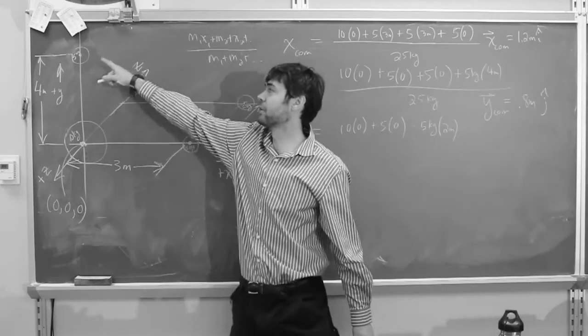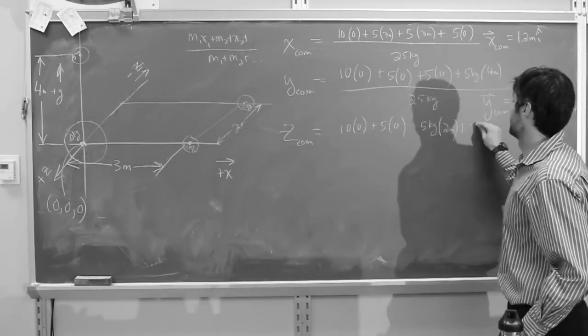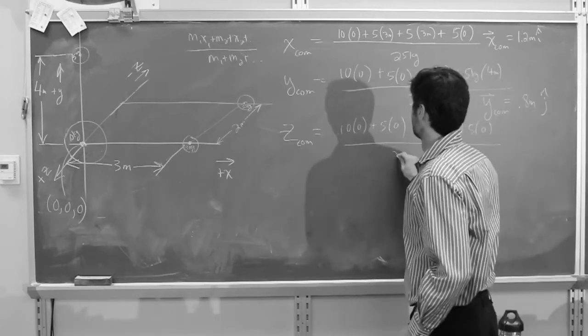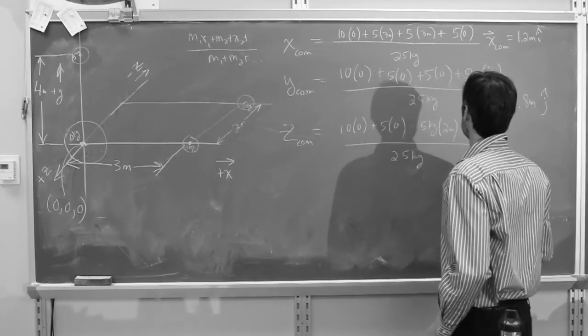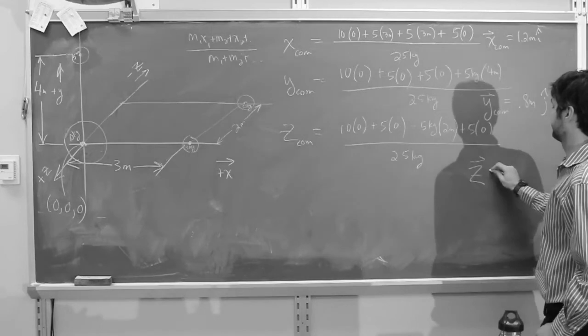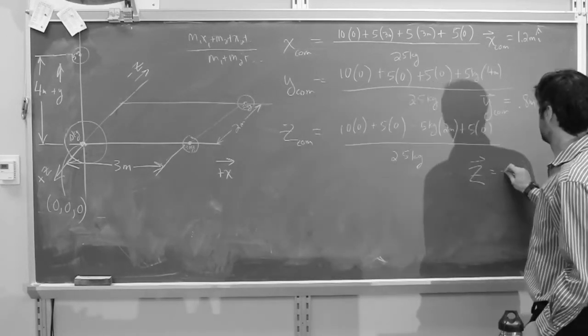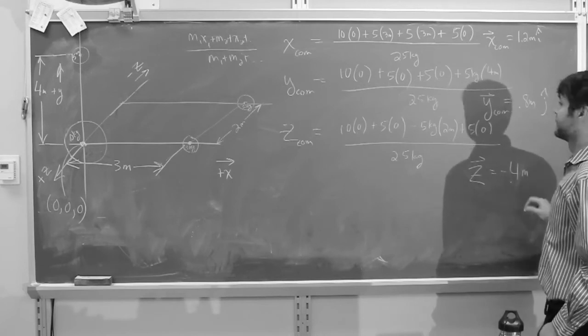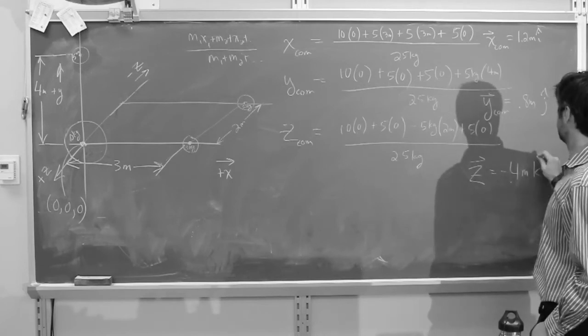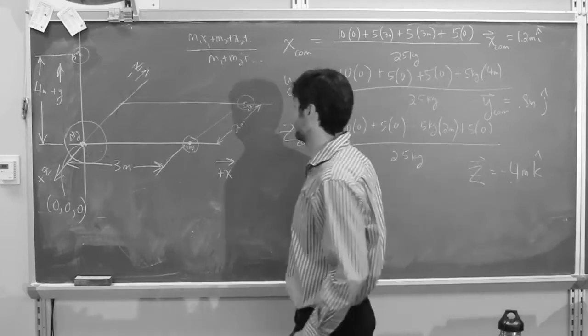And then this one also has no z direction, so that's 5 times 0, all divided by 25 kilograms. So our z-com is equal to negative 0.4 meters, in the negative k-hat direction.